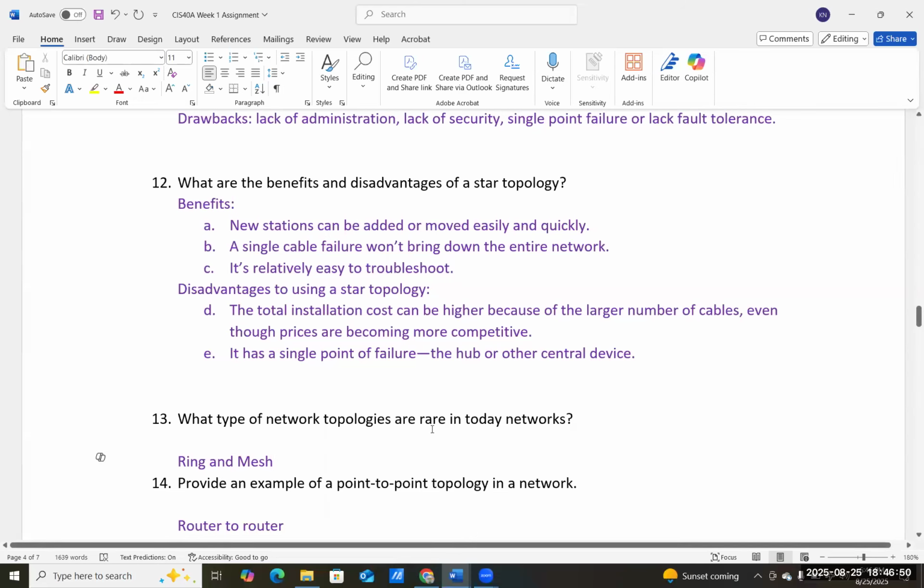Okay. So we can have a point-to-point topology in the network. You can have a router to a router, a switch to a switch. That's very common in a network. We talked about here, here, here. That's a point-to-point. So when do I see this? Let's say you have multiple campuses, like the way that you have three colleges.